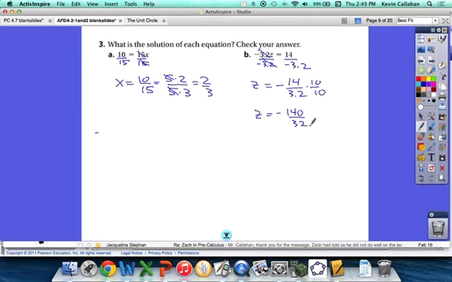Let's see. I think 4 times 35, there's a negative in front of the fraction. That's 4 times 35 divided by 4 times 8. The 4s cancel. Negative 35 over 8.